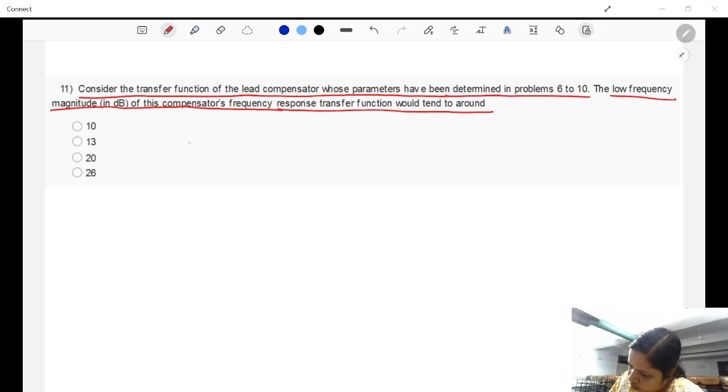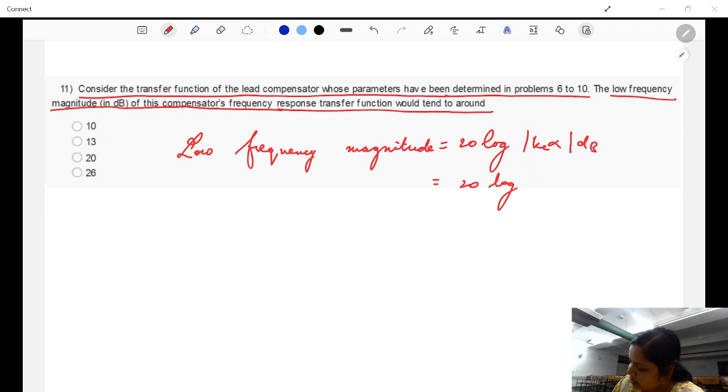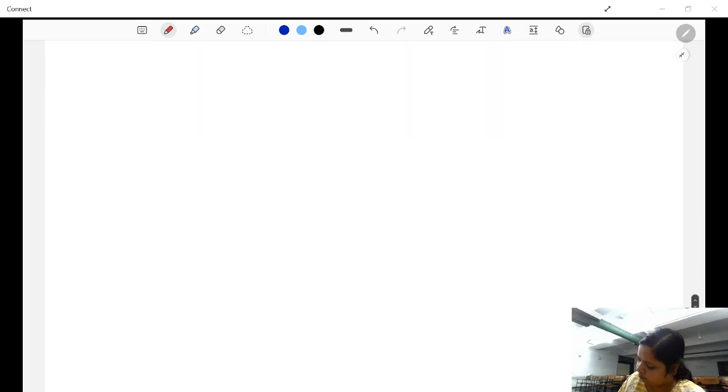Okay, so your low frequency magnitude is 20 log of Kc alpha dB. Kc alpha is 10 here in our case, which gives us 20 dB. So your low frequency magnitude is 20 dB. All right.